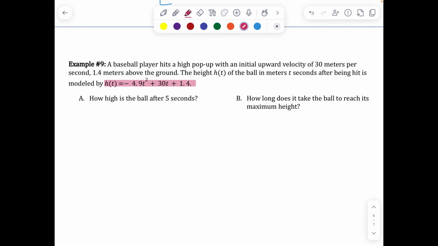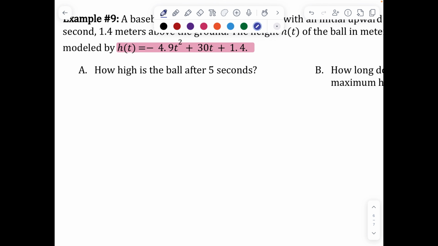So when it asks for us for how high the ball is after 5 seconds, we're replacing our t with 5. So we'll just say h of 5, so time is 5 seconds, equals negative 4.9 times 5 squared plus 30 times 5 plus 1.4.